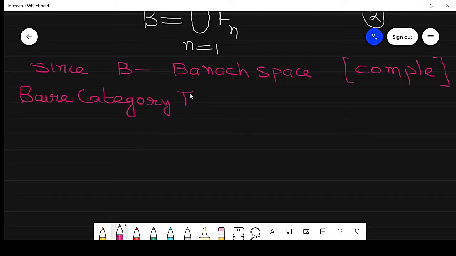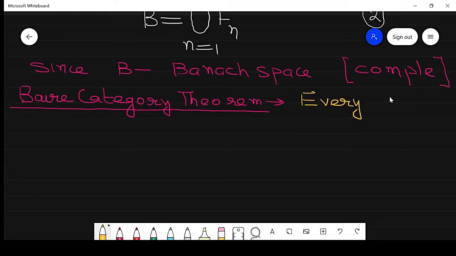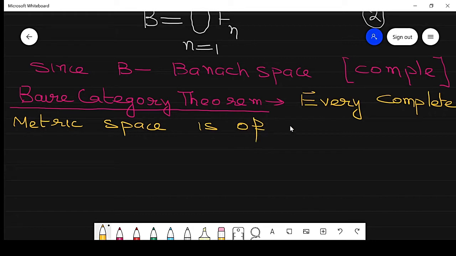If you did not know about this theorem, go to the previous class book where the Baire category theorem is covered.